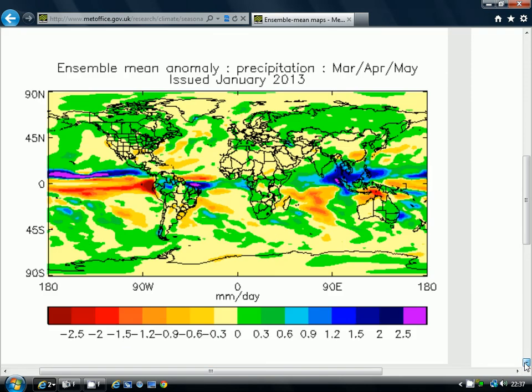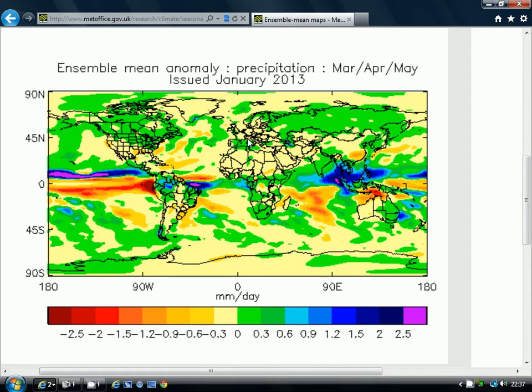Remember, the precipitation anomaly for the spring is very much near normal. Here we're in these beigey lemon colours, so yeah, a very near normal precipitation anomaly for the British Isles, maybe slightly above down to the southwest, and mainly above to the south through Spain and into the Mediterranean.